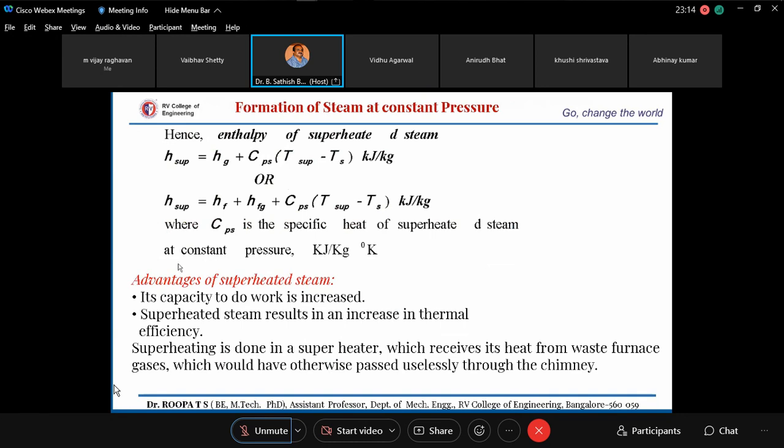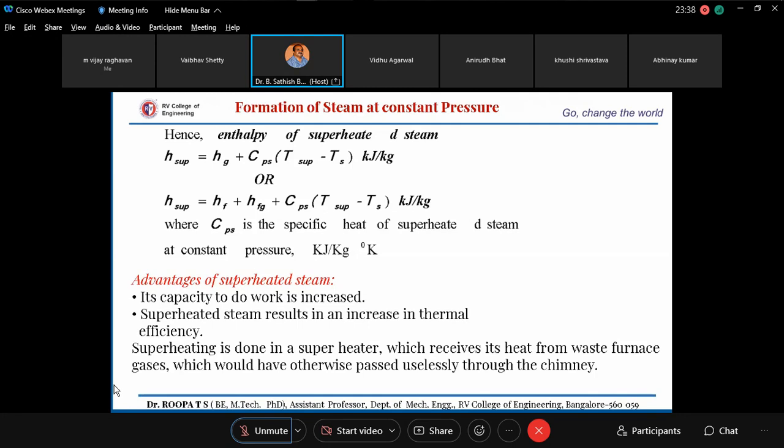So why we go for superheating? So once we got this dry saturated steam, we do the superheating of the steam. So why we need that superheating of the steam? Because this superheated steam is used for executing many of the tasks, like in various turbines, steam turbines for power generation and all such things.